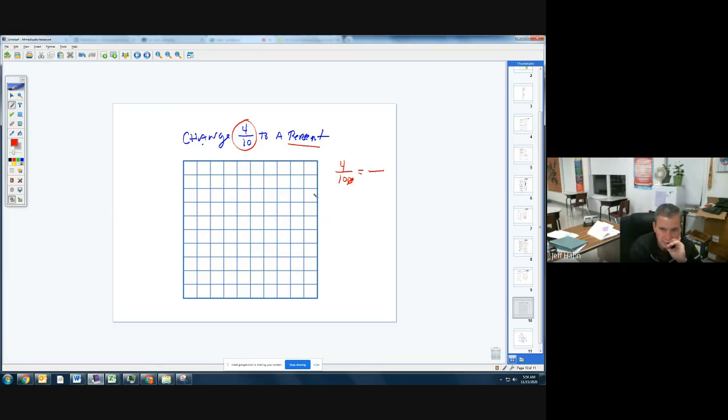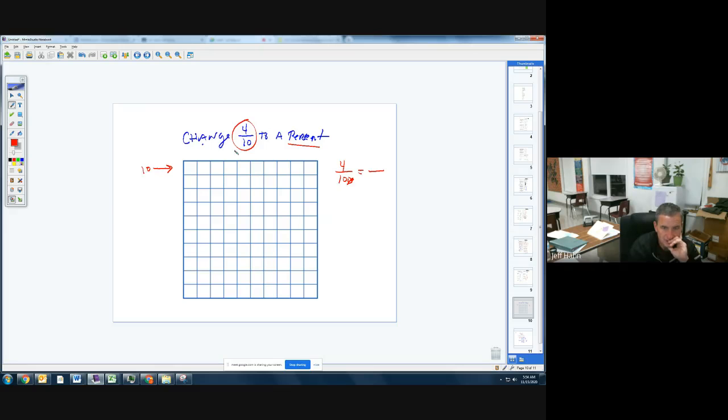Here we have 100 squares. And I know my fraction, 4 out of 10 of them, is what I want. In every row, I have 10 squares.